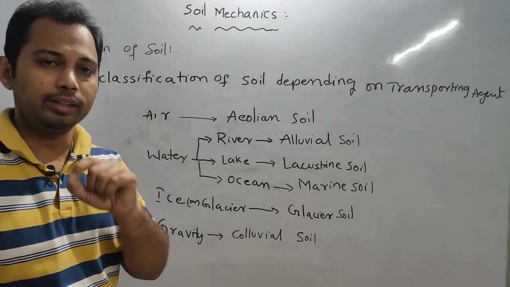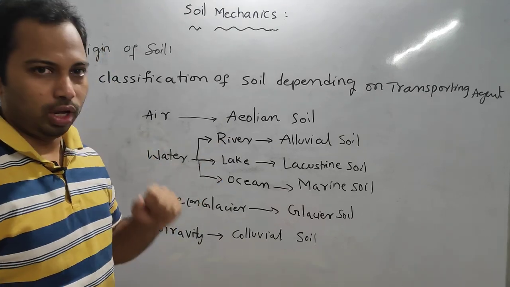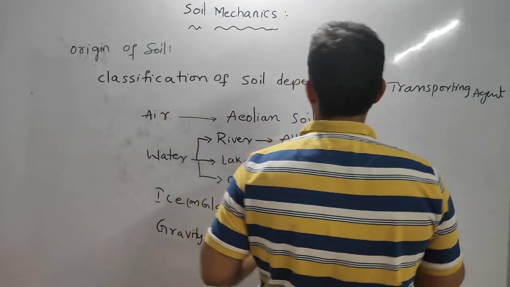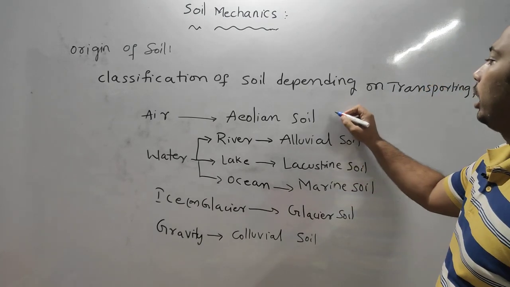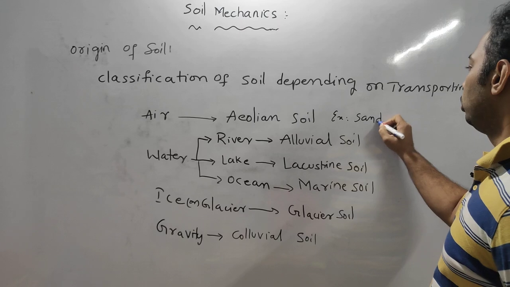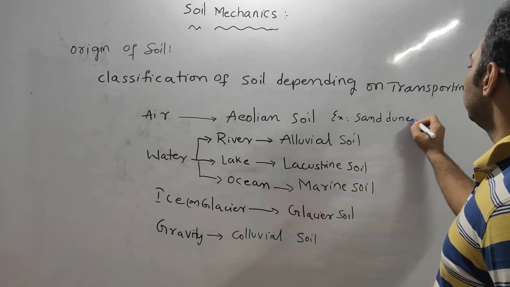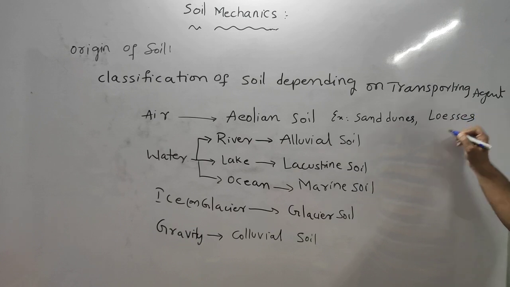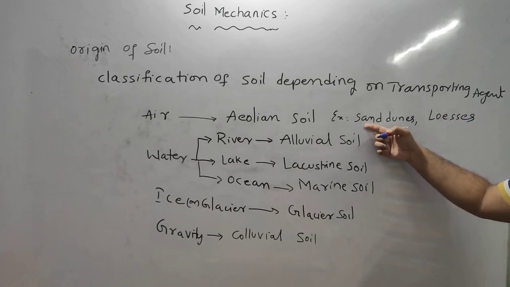So sand is an example of aeolian soil. Sand dunes and loess are examples of aeolian soil.